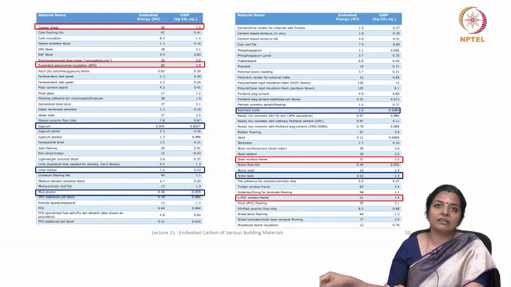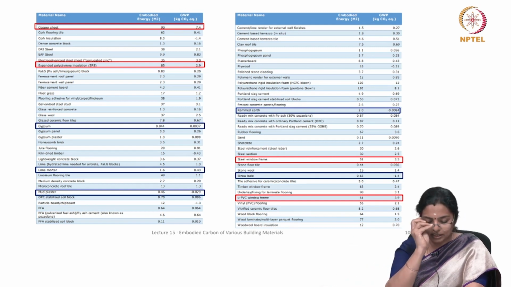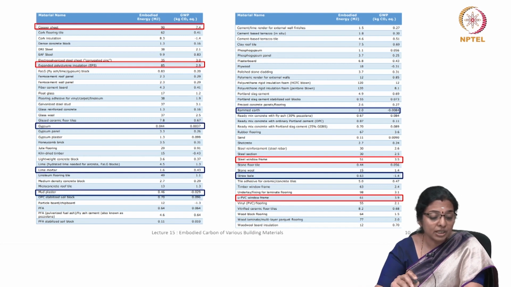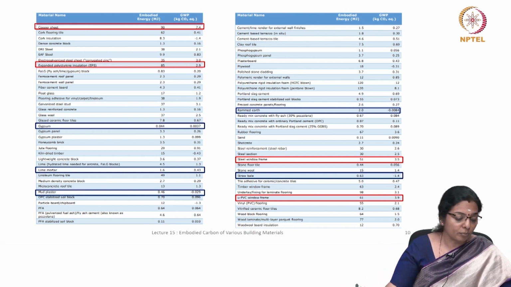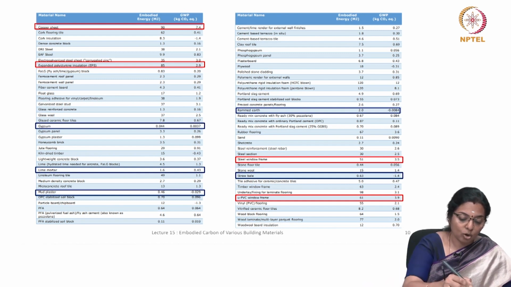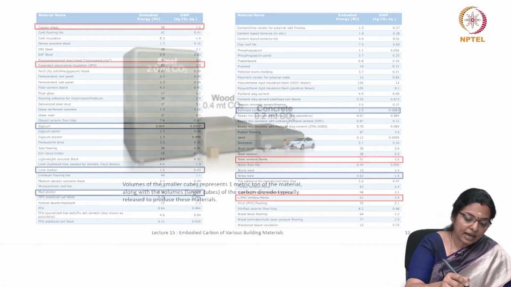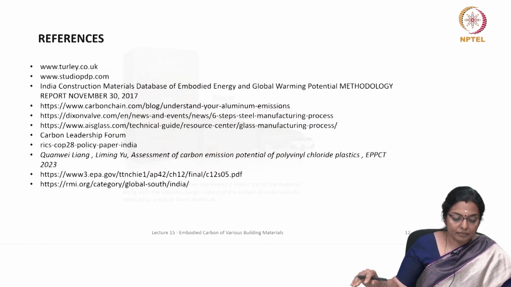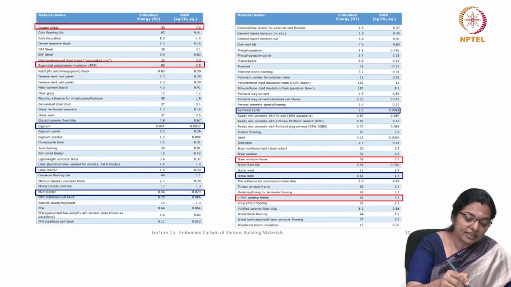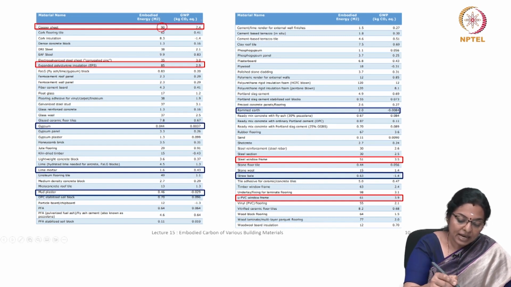Here are some of the other materials just for comparison, for you to understand the embodied energy as well as the global warming potential. We see that some materials like copper have very high embodied energy as well as global warming potential. Both are high for copper.